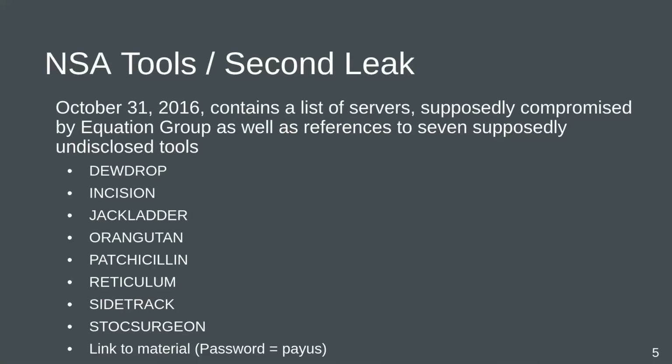So the second leak was on October the 31st in 2016, and there was a list of supposedly compromised servers, and some undisclosed tools were announced, all with quite silly names. Dewdrop, Incision, Jackladder, to name a few. And there was a link to this material and a password.